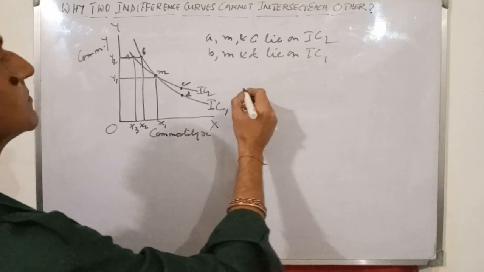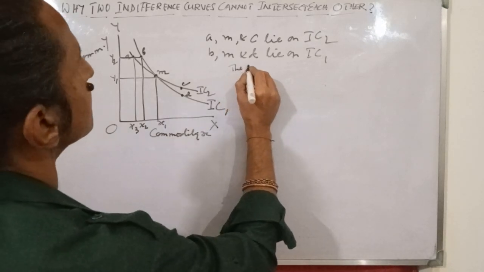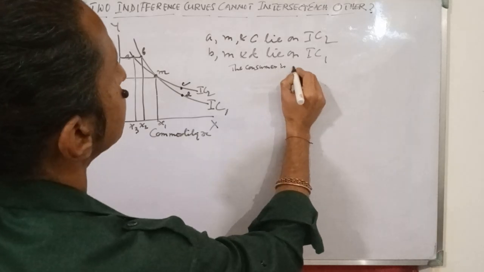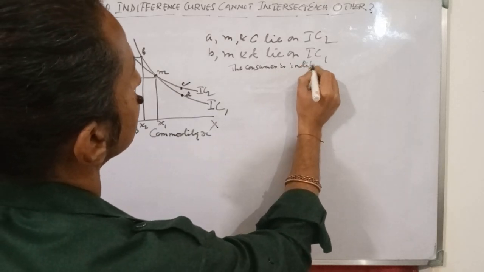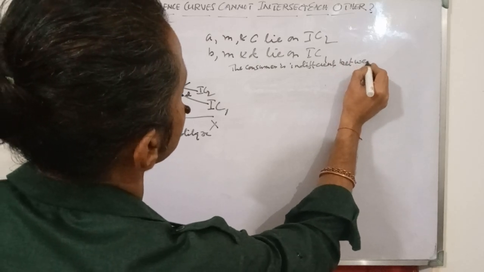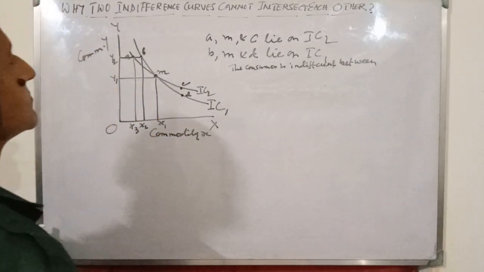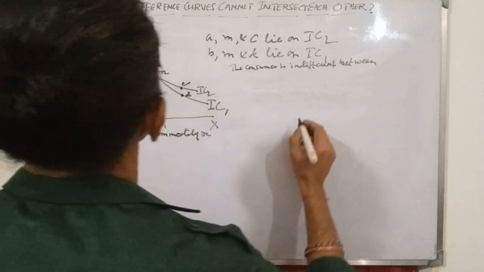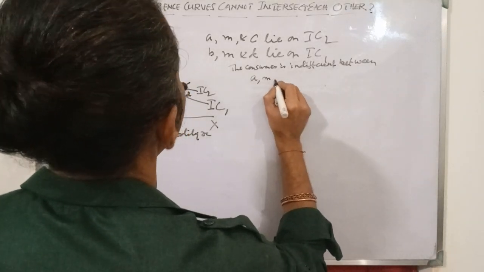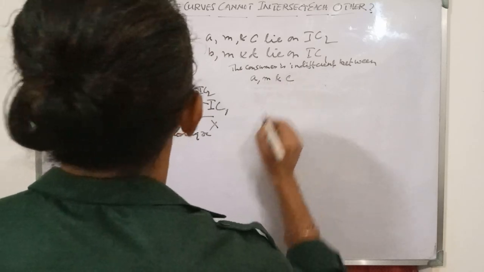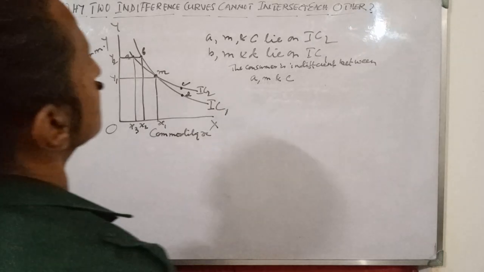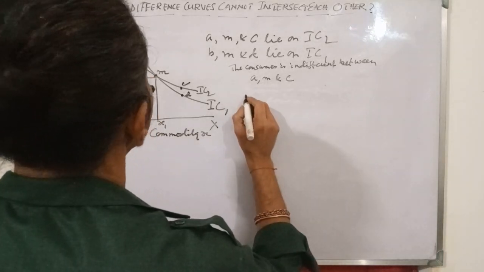Now the consumer is indifferent between A, M and C. Why?